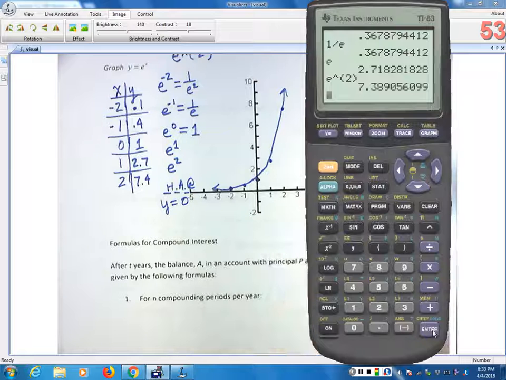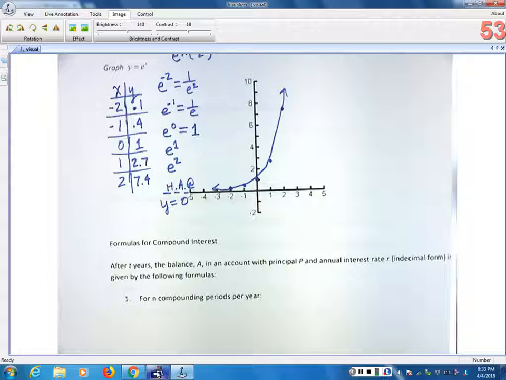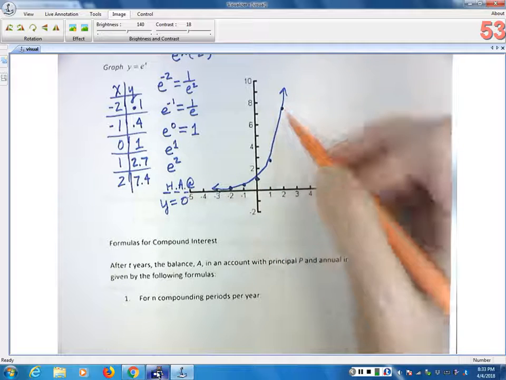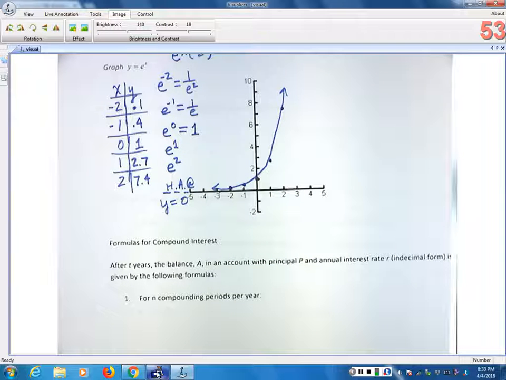That's the graph of y equals e to the x. We could have just got our 3 common points, this one, and this one. But I kind of like to get this one, just graph it more. You don't really need that one.